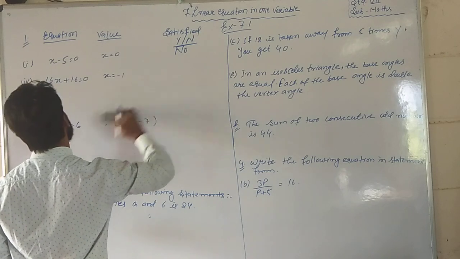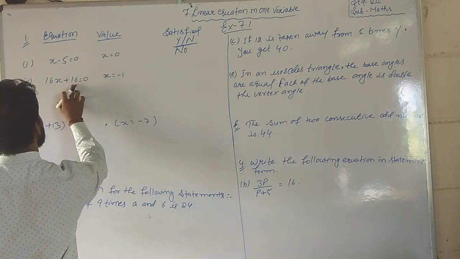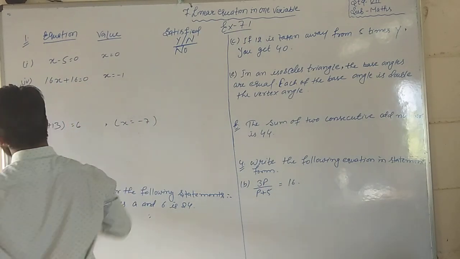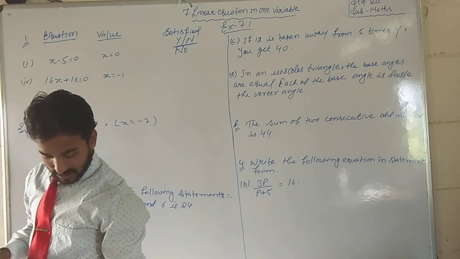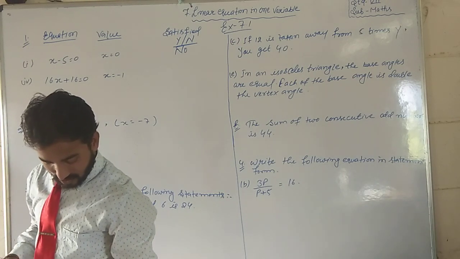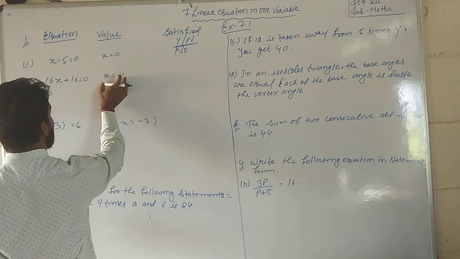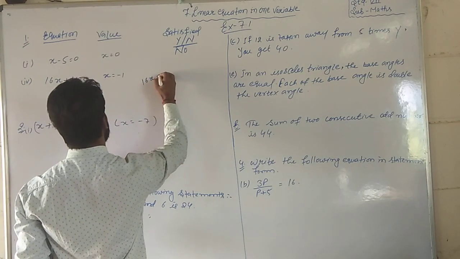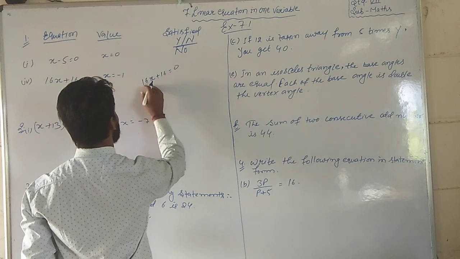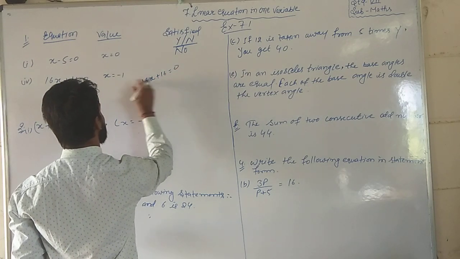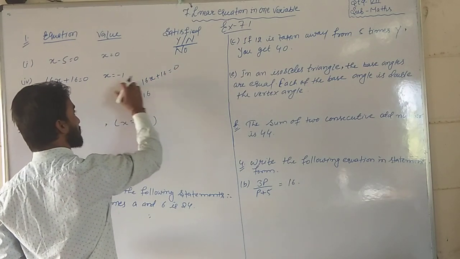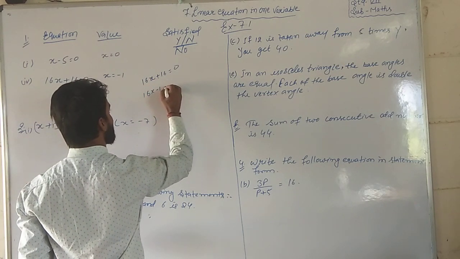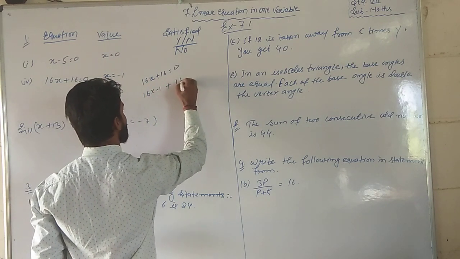In the same way, the second question is 16x plus 16 is equal to 0, where x is equal to minus 1. So students, see, 16x plus 16 is equal to 0. At the place of x, what value will we put? Minus 1. 16 into minus 1, plus 16, is equal to 0.